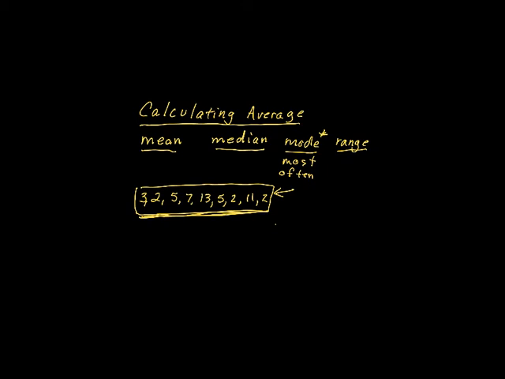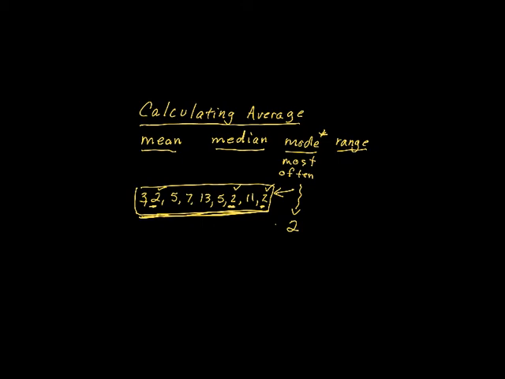And I've got 3, 2, 5, 7, 13, 5, 2, 11, and another 2. So it looks as if I've got, let's see, there's a 2 there, another 2 there, another 2 there. So 2 is the number that is occurring most often. So in this particular example, the number 2 would be the mode.